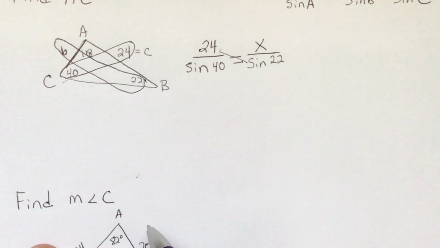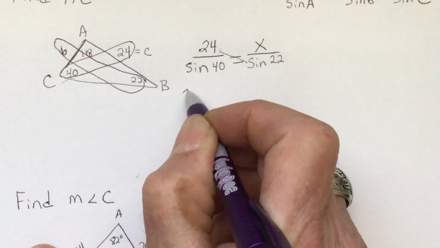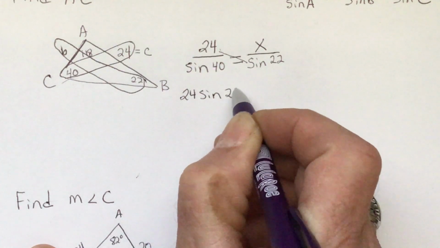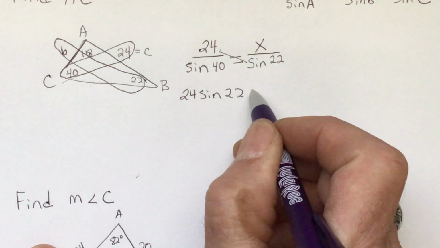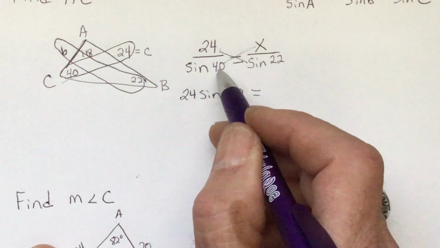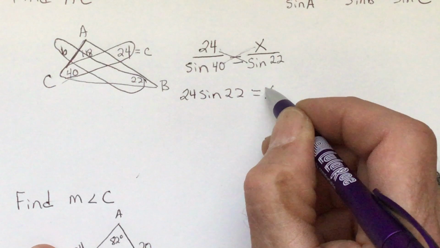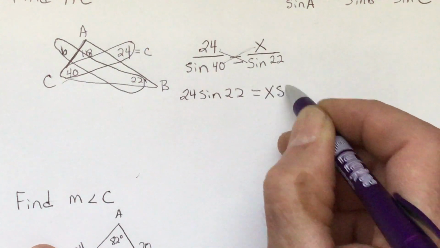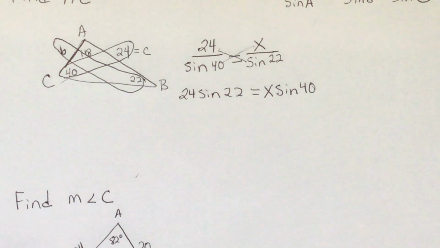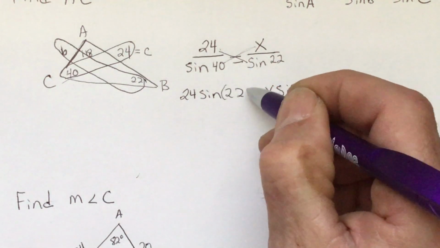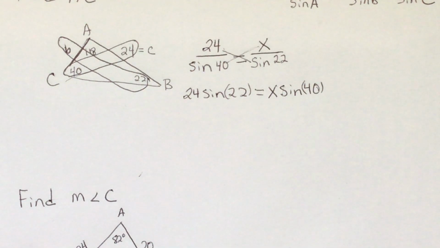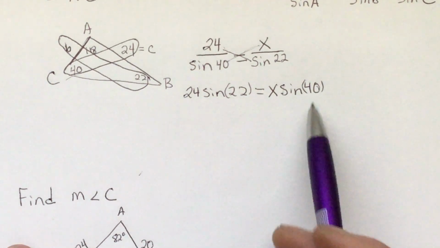24 times sine of 22 looks like this: 24 sine 22. And then when we cross multiply the other way, we get x times sine of 40, which we'll just write like this: x sine 40. You put this in parentheses. That's the way it will look in the calculator, but it really doesn't matter.